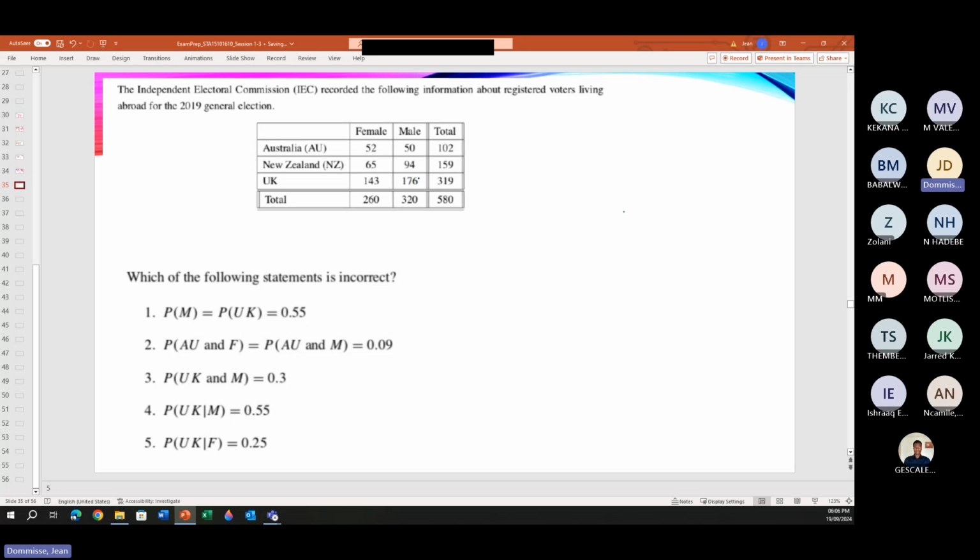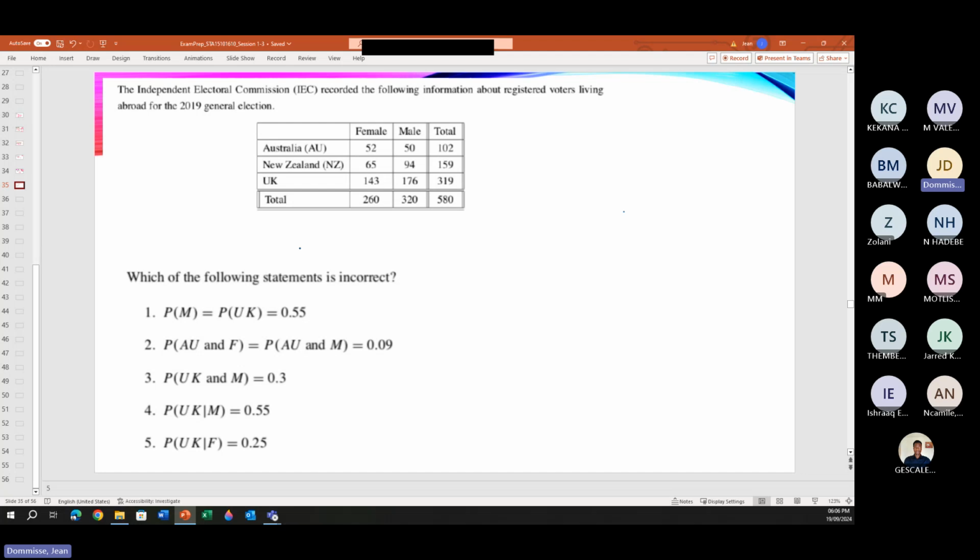Sometimes one of these data tables is actually quite nice just to test a lot of the things that you can get in the exam. You can also then say, okay, but let's test more for myself. Is New Zealand and male independent or not? Okay, so you can use a table like this and just play around and see what you get.